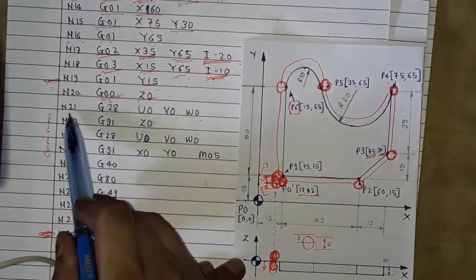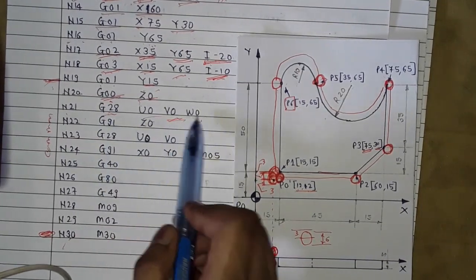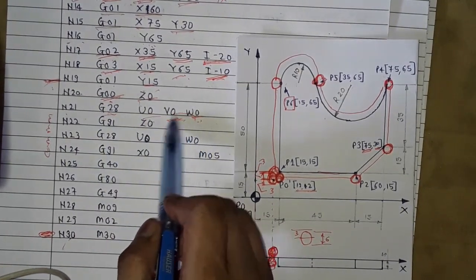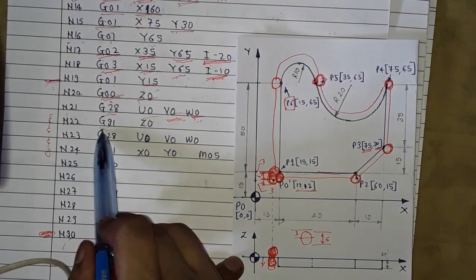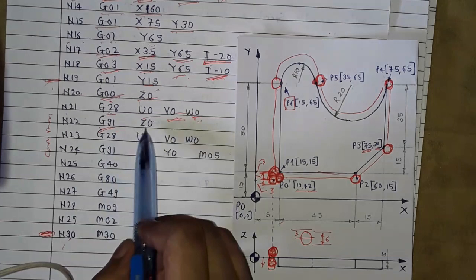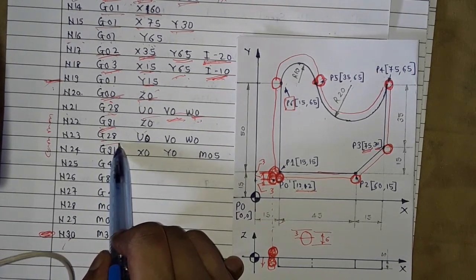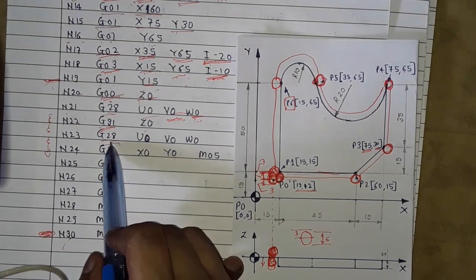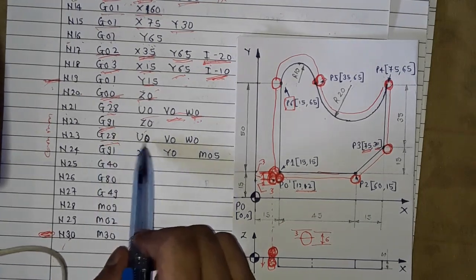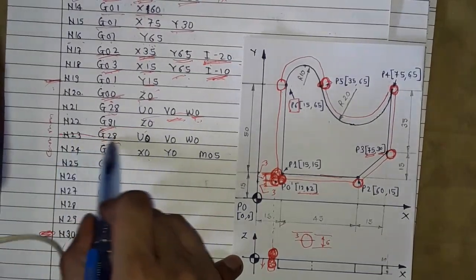So now G28 U0 V0 W0 is for home position, and G91 is for incremental programming. G28 is for tool return; sorry, it is doubled here, this should be cancelled.